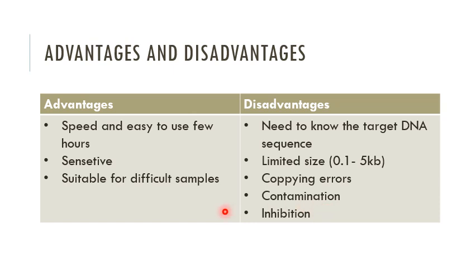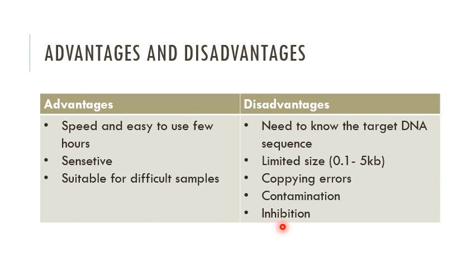The inhibition will be a result of the type of sample you are extracting. For example, if it's a blood sample, then it will have heme. The heme molecule will inhibit the PCR. It will incorporate to the primers, and it will affect their linking to the strands.